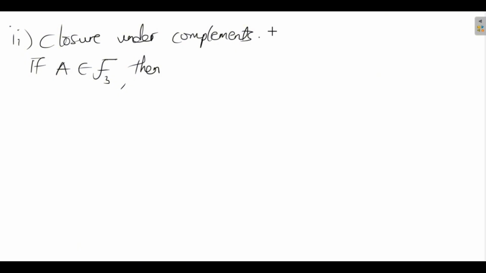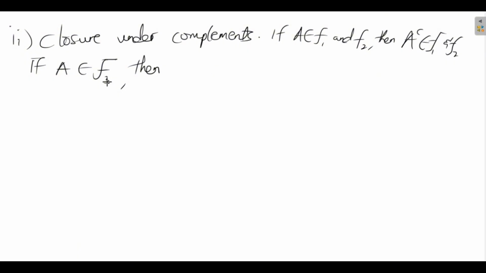The property says that if I pick any set, let's say A, which belongs to a sigma algebra, let's say it belongs to F1 and F2, then A complement is also in F1 and F2. So this is what the property says.